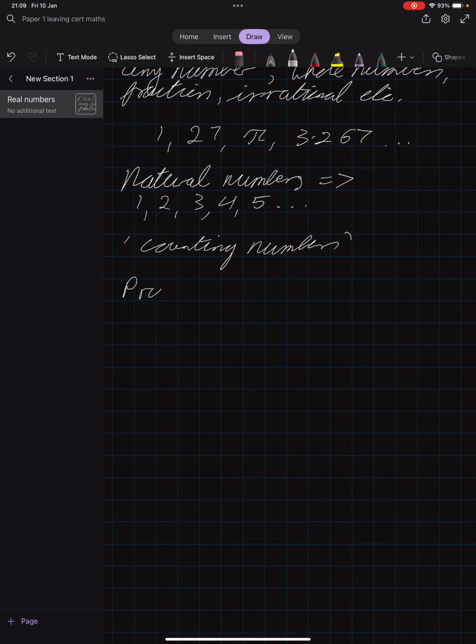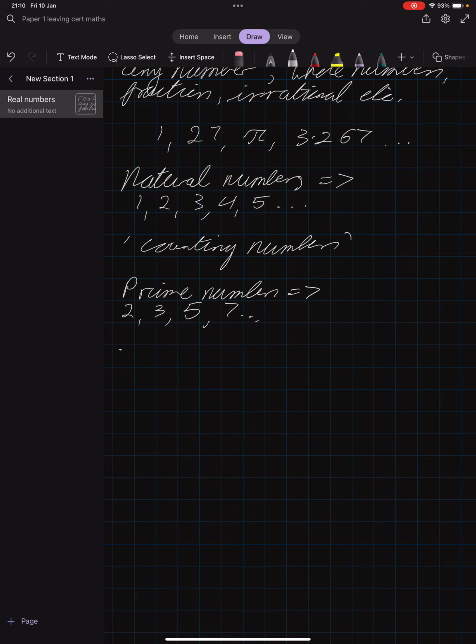What about prime numbers? These are numbers that only have two factors, itself and 1. So examples would be 2, 3, not 4, 5, 7, and so on.